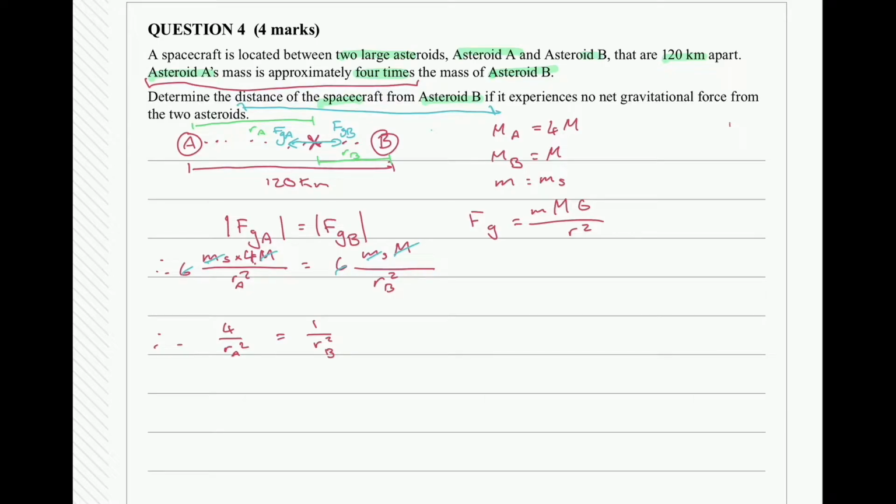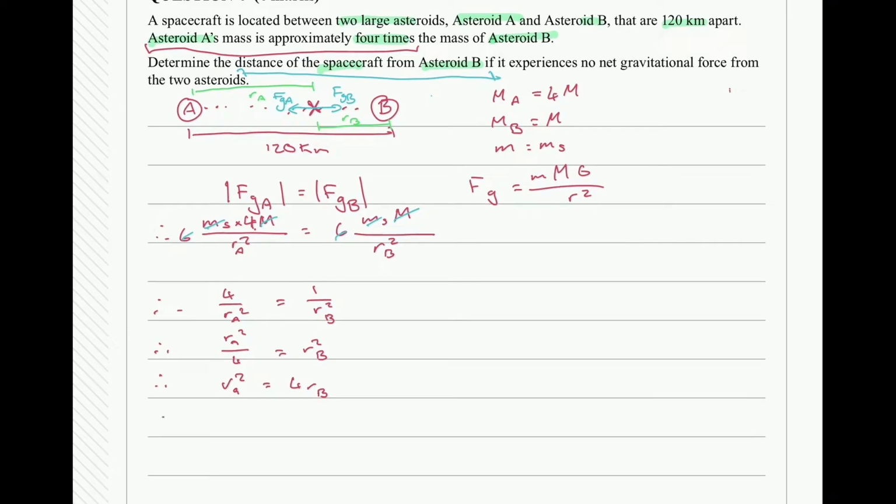So what I'm going to do from this point now is inverse the 2, same as what we did with the previous question. So that's going to be RA squared over 4 is equal to RB squared, don't forget the square, and then I'm going to multiply by that 4. So moving that 4 to the other side, I get RA squared is equal to 4 RB squared.